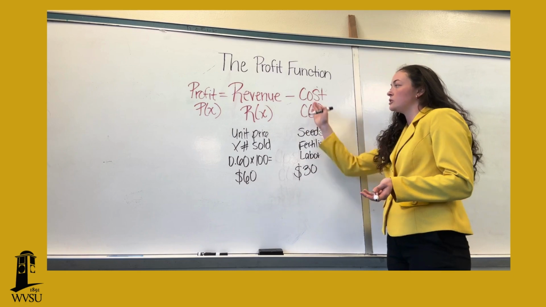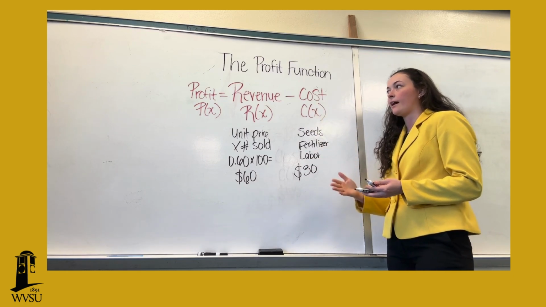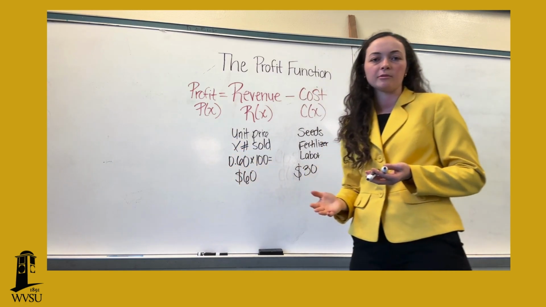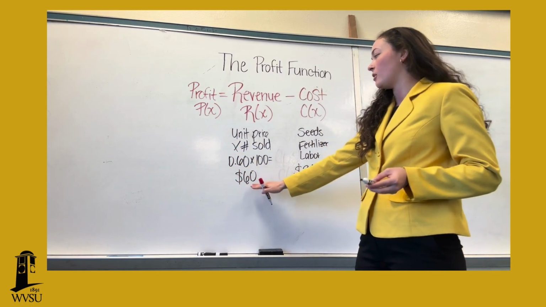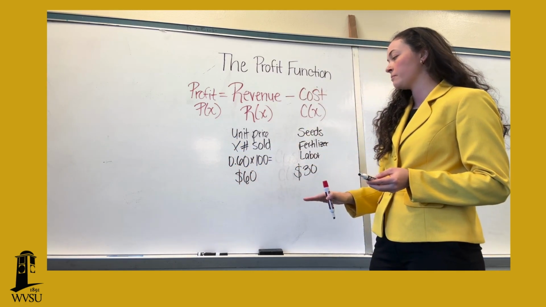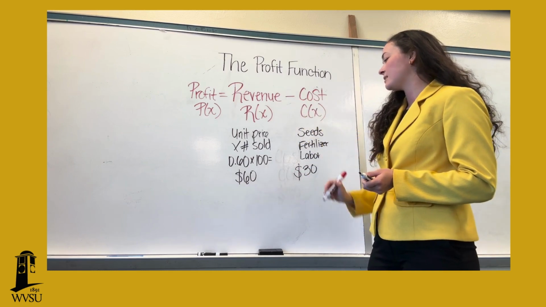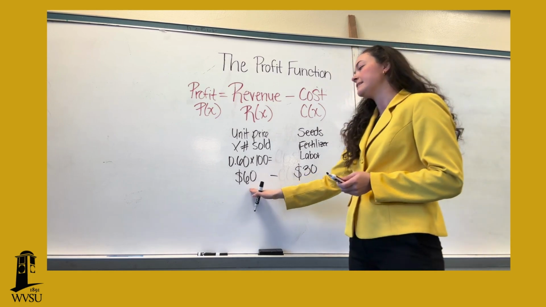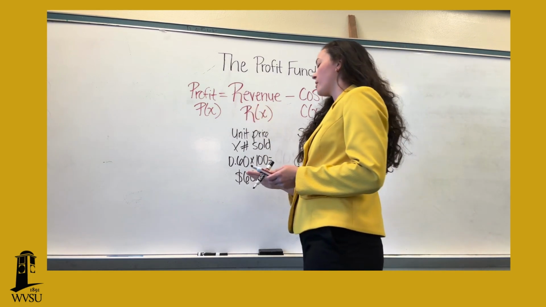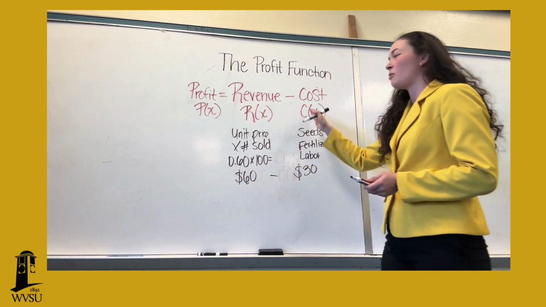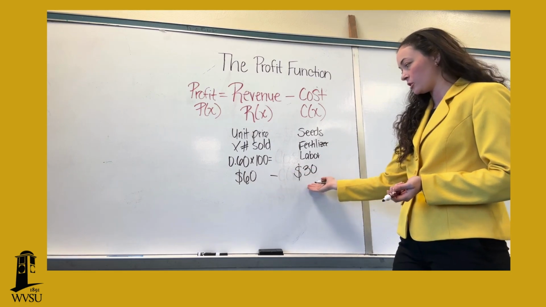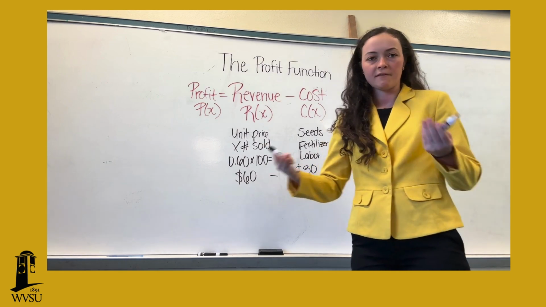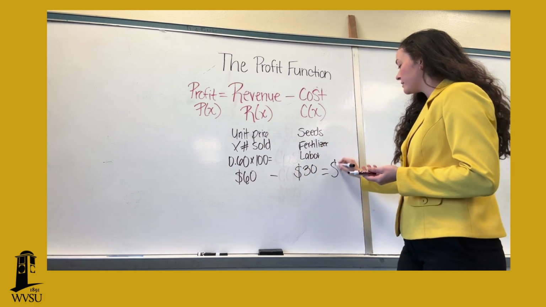Our cost is $30. Now, to see how much we've actually made in profit off of our apple sales, we need to take our $60 revenue and subtract the costs. In this case, it would be $60 for our revenue minus what we spent to make that $60, $30. So our actual profit, the money that we made off of this transaction, is $30.